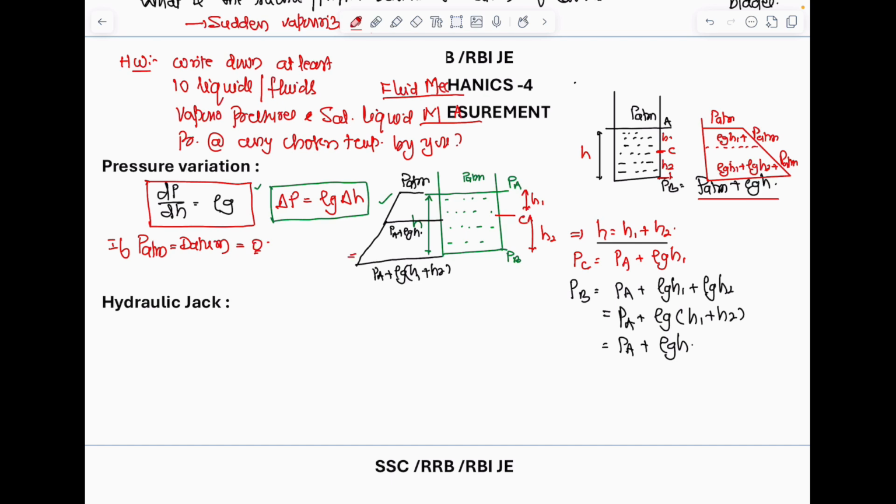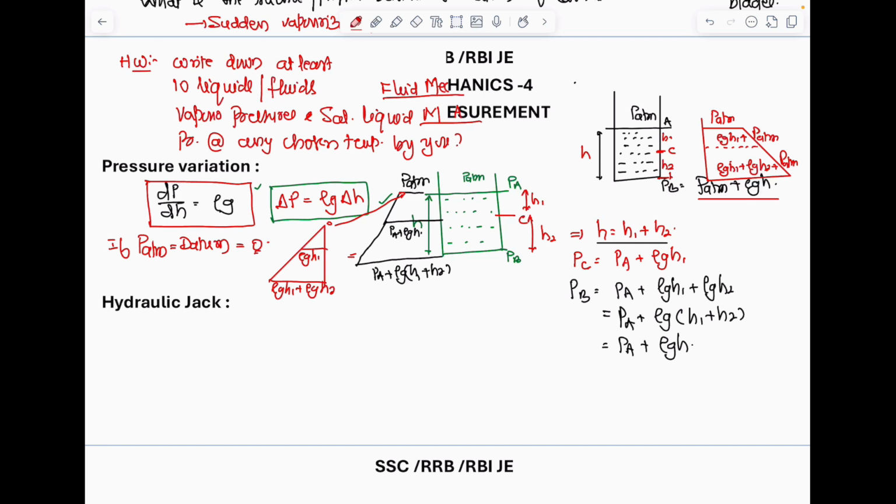This diagram will be like this. Here it is 0, here it is rho G H1, here it is rho G H1 plus rho G H2. This refers to this point. P atmosphere, I made it as 0. If P atmosphere is taken as datum, that is equal to 0, then this is the diagram.